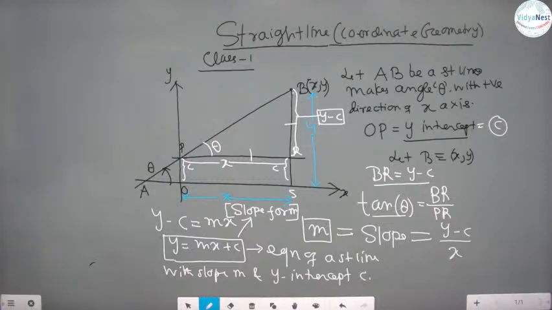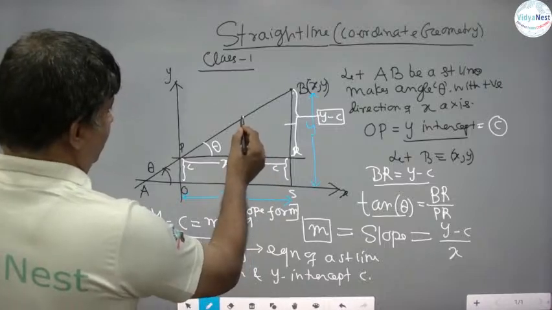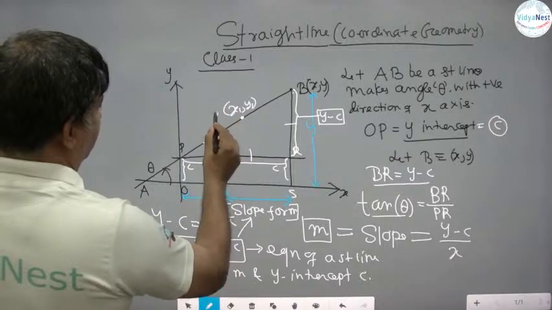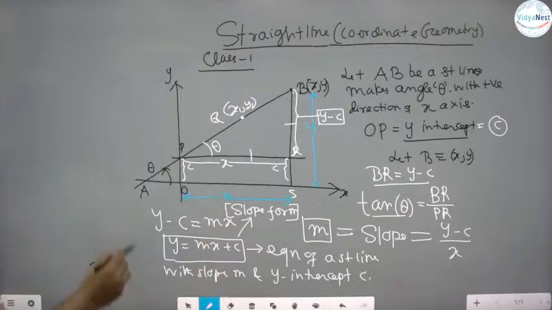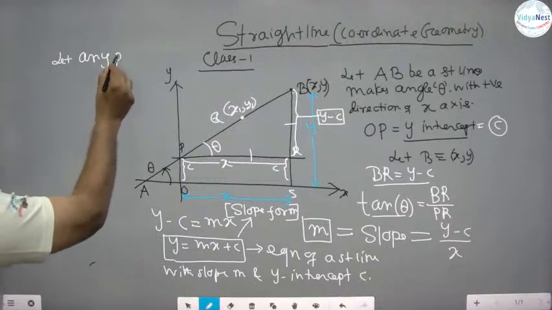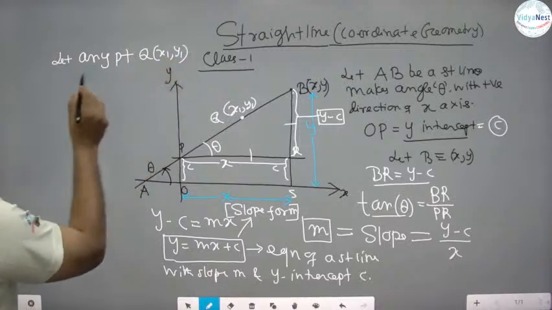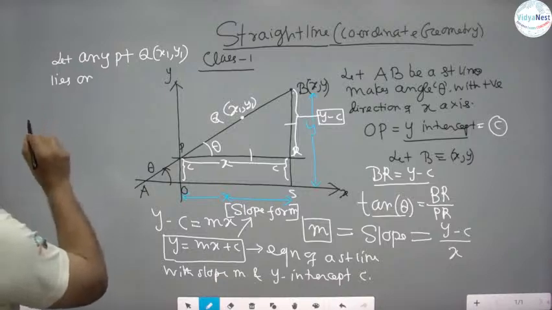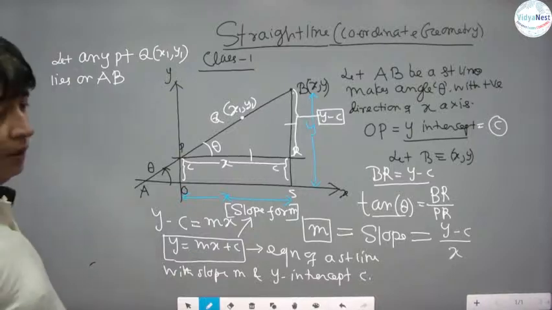Now, let any point Q (x1, y1) lie on AB.